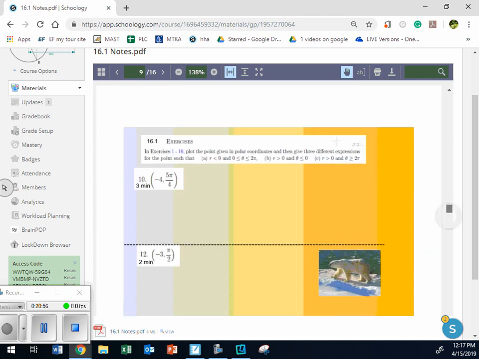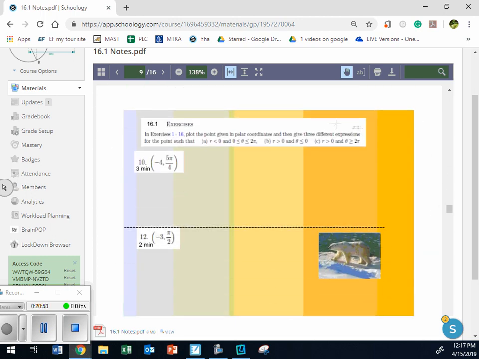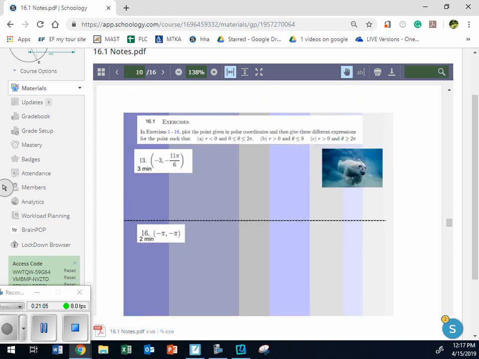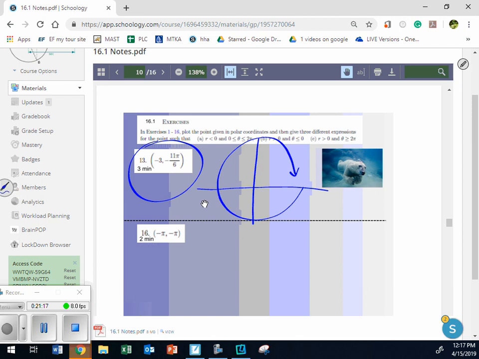On this page, we can skip the whole page because it's basically a repeat of the last page. So skip that whole page. Now on this page, I want you to do lucky number 13, and it's got the negative r and the negative angle. Remember when you first go there, where's negative 11 pi over 6? It's over here.